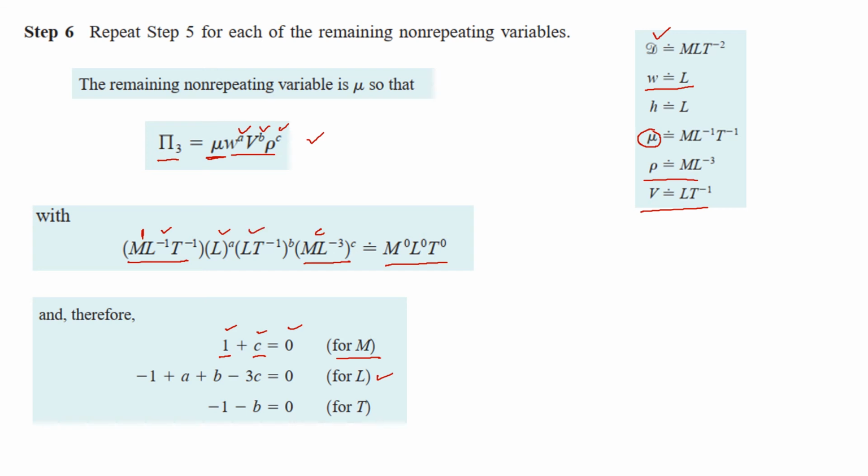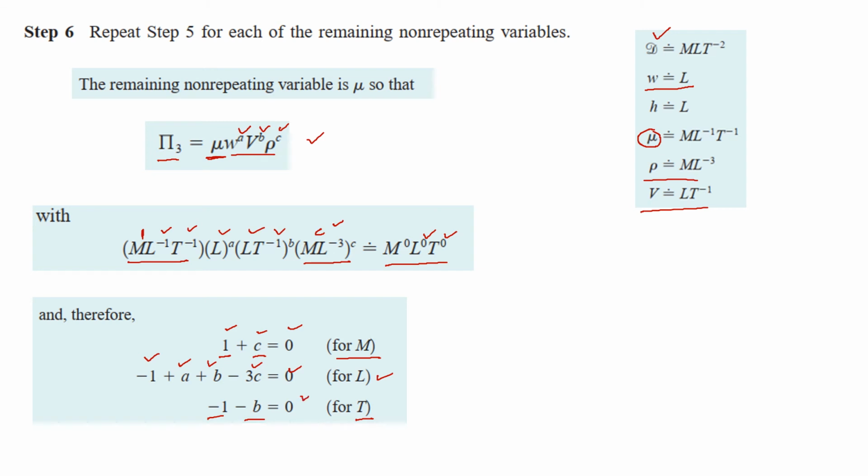Here it is again b, and here it is minus 3c. So minus 1 plus a plus b minus 3c is equal to 0. So this is for length. Then we will take the powers of time on both sides and equate them. So time is minus 1 minus b, and minus 1 minus b is equal to 0.